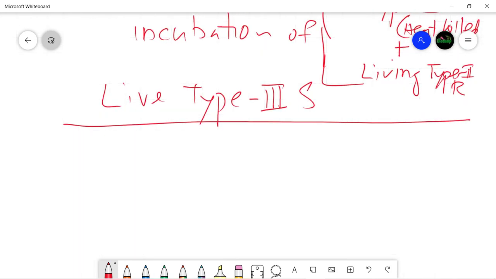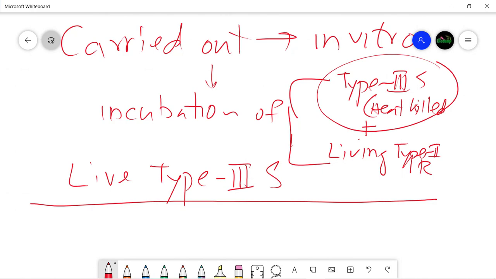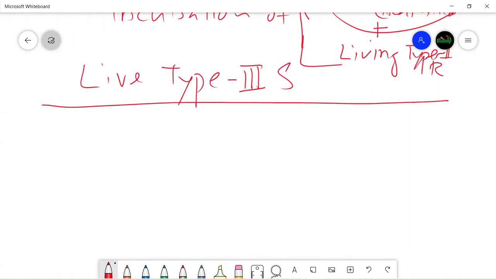Another scientist, Lionel Alloway, further refined these experiments, and instead of using heat killed type 3S cells, he used crude extract.